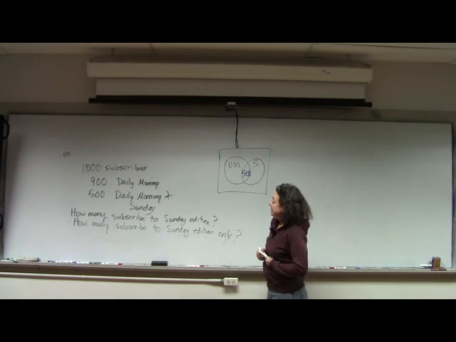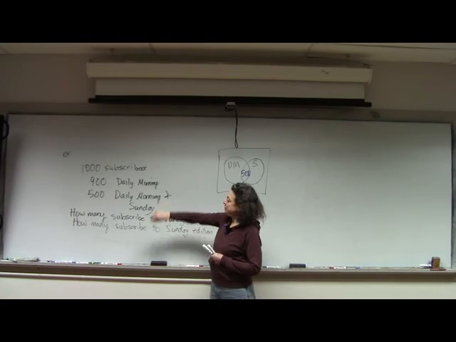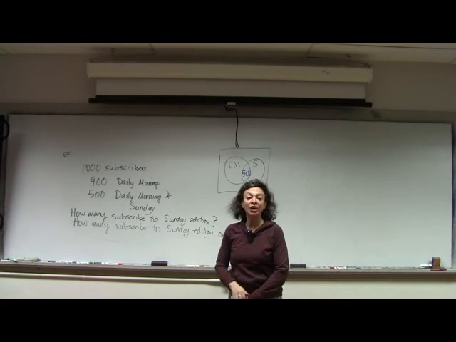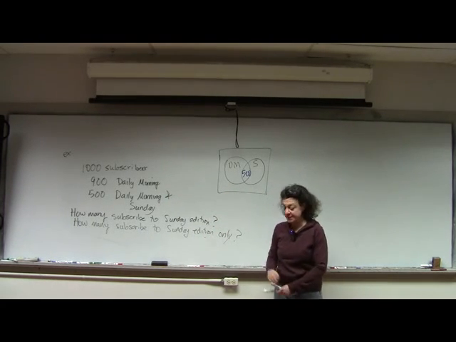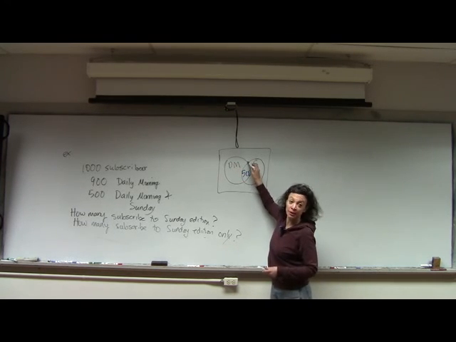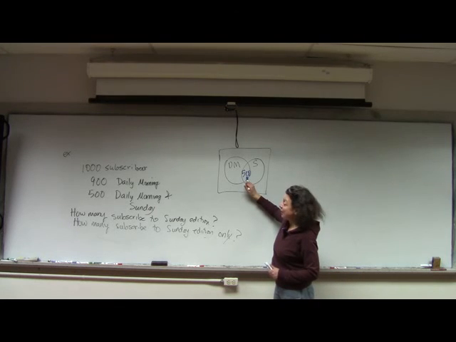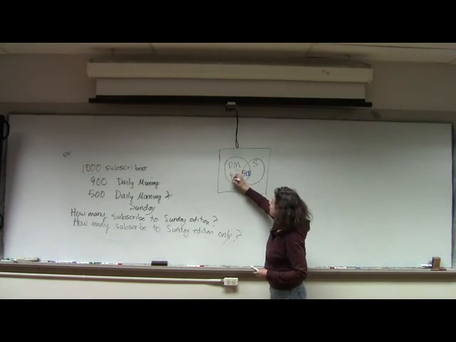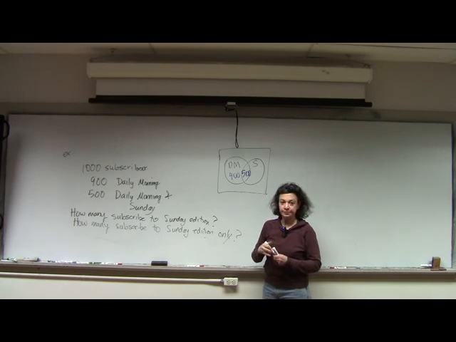The next piece of information we're given is that 900 people subscribe to the daily morning. The daily morning is this entire circle. Again, we've accounted for 500 of those 900. Therefore, 400 will go here.